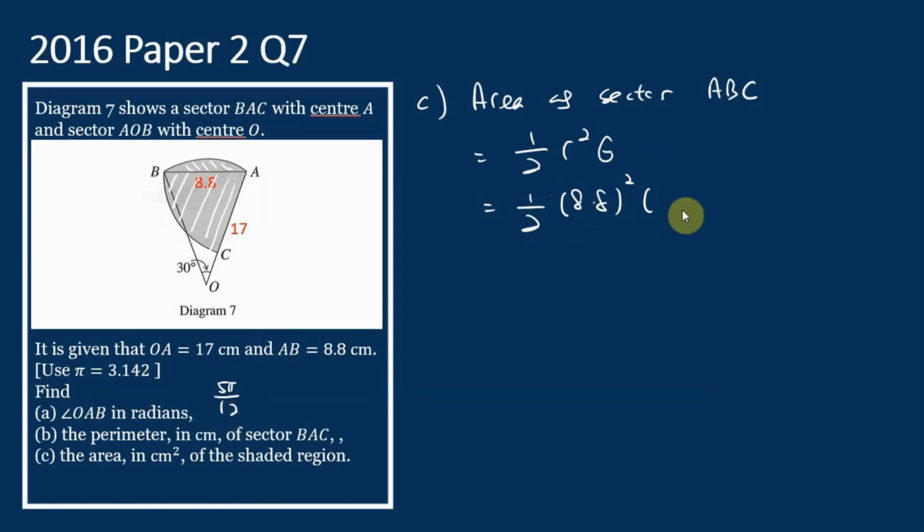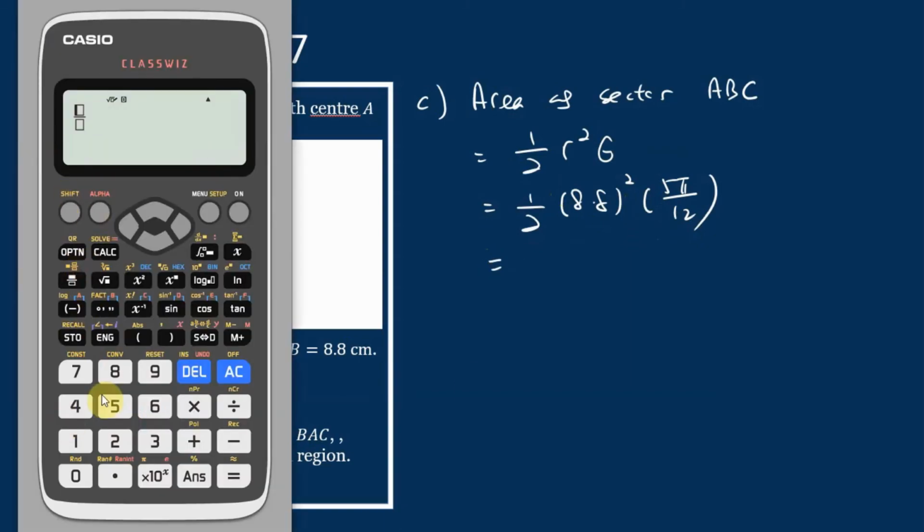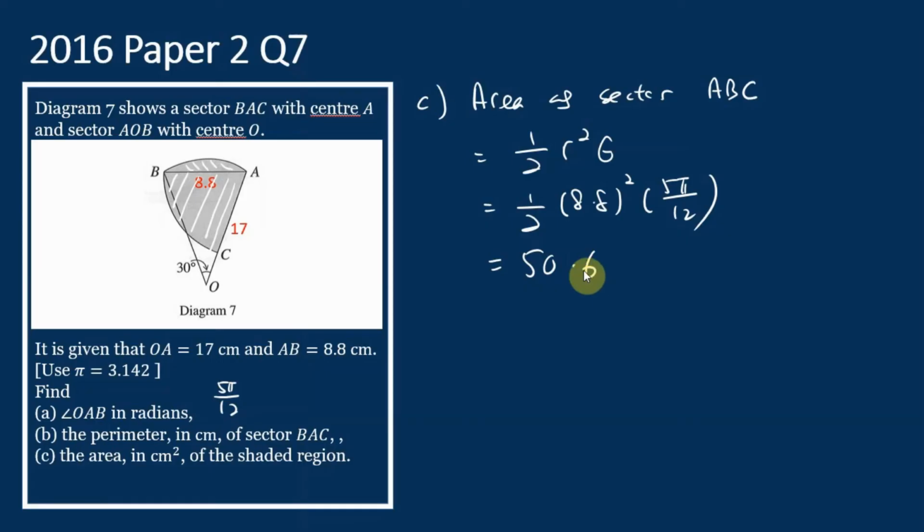So this is equal to 1 over 2 times 8.8 squared times 5 pi over 12, which is equal to 50.68 centimeter square.